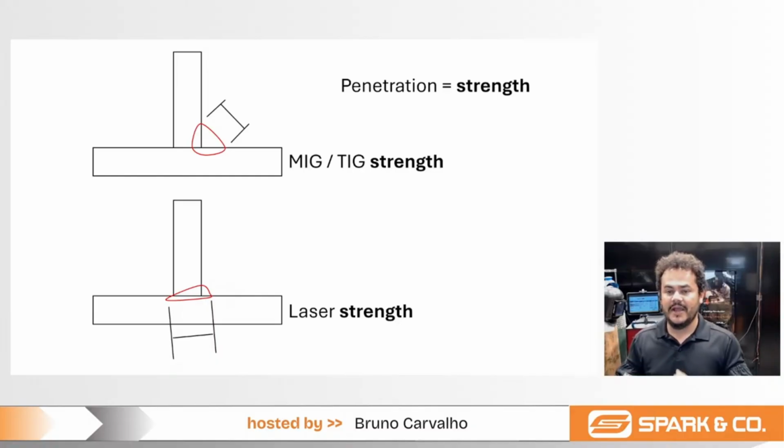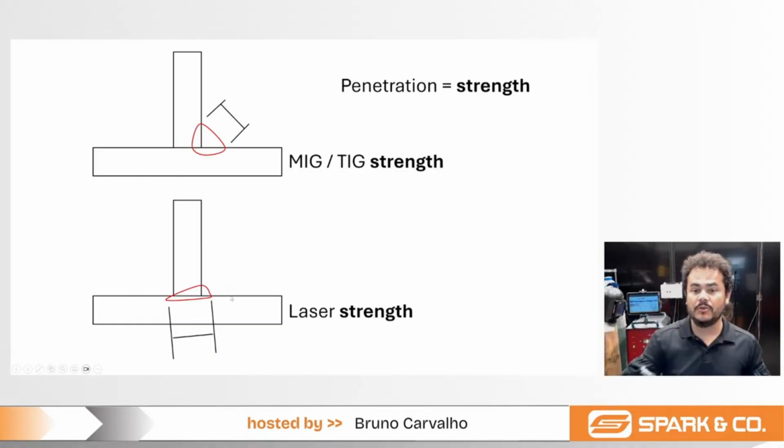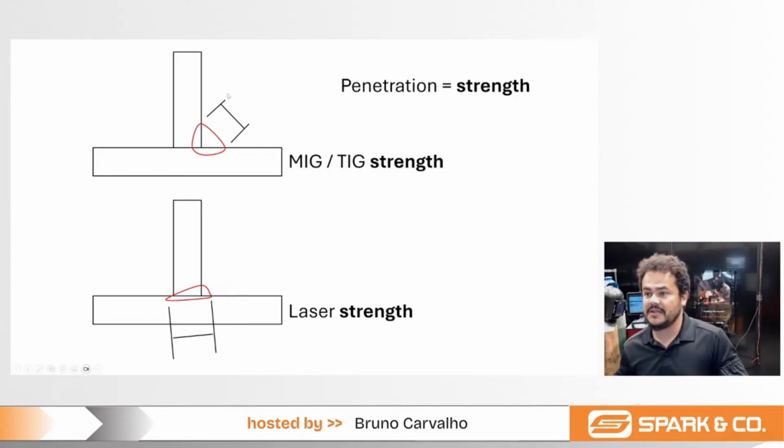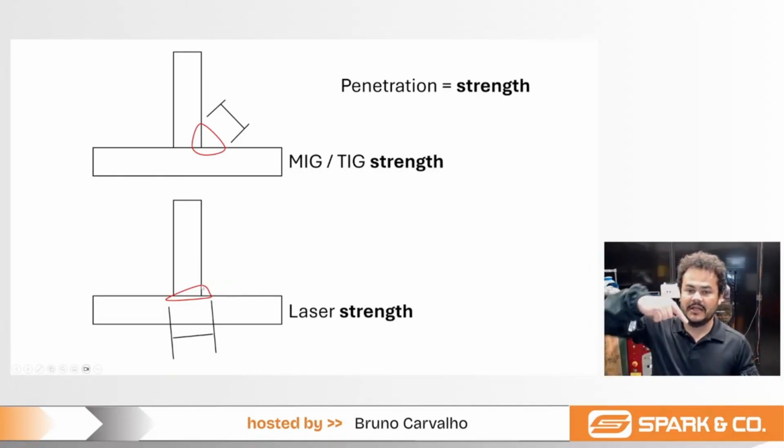That's why if you have a good angle, like in this case here, with the torch pointing towards the joint, we can have penetration all the way in, and then we're going to have the same strength as the other procedures. But let's say the angle is not correct. Let's say I'm welding with the head pointing a little bit up.